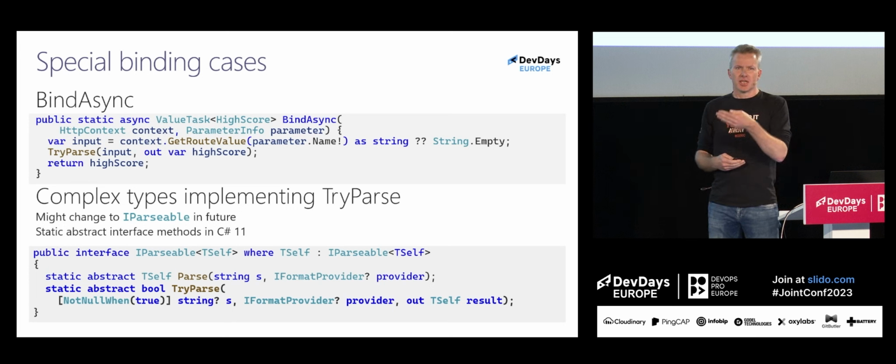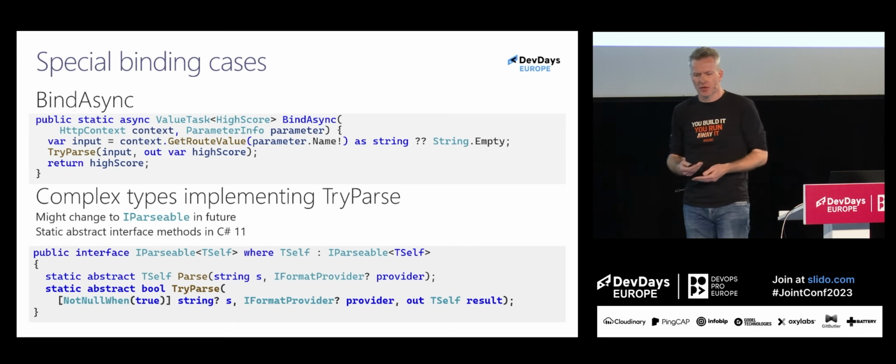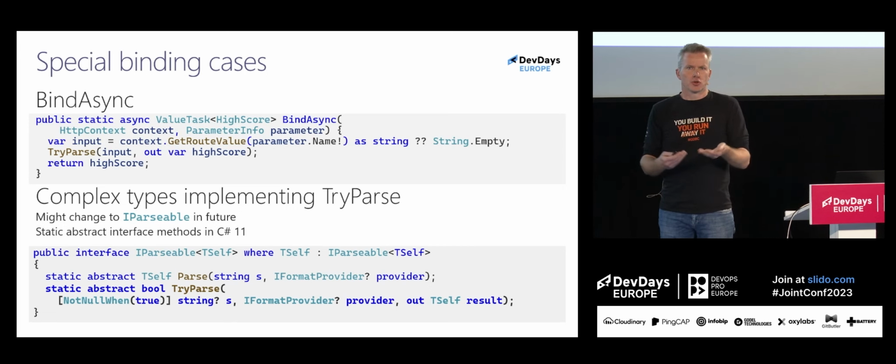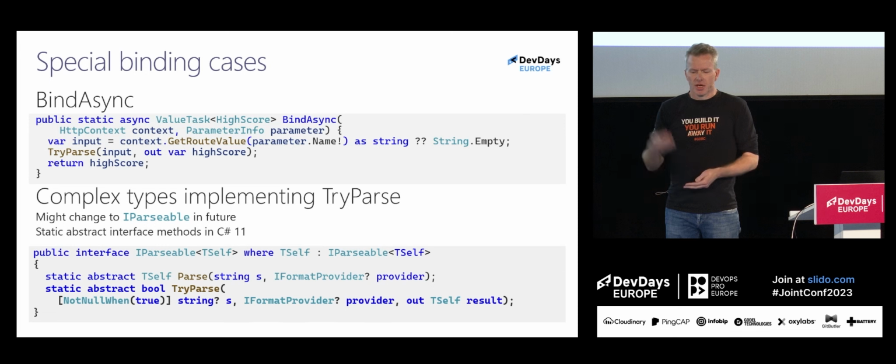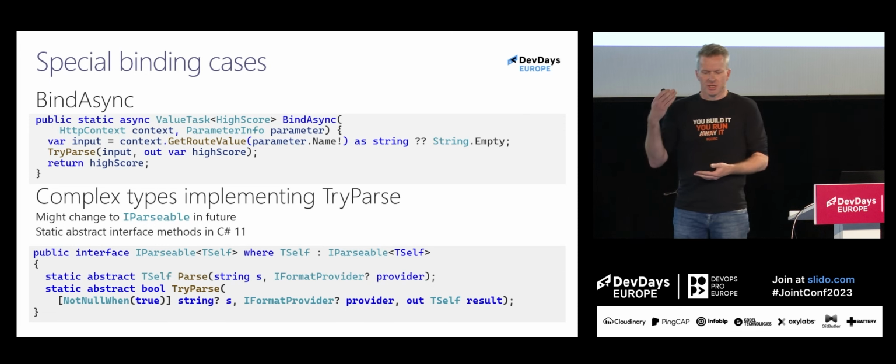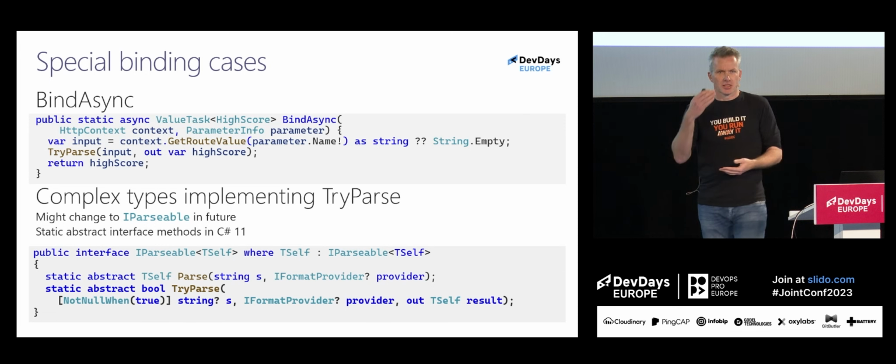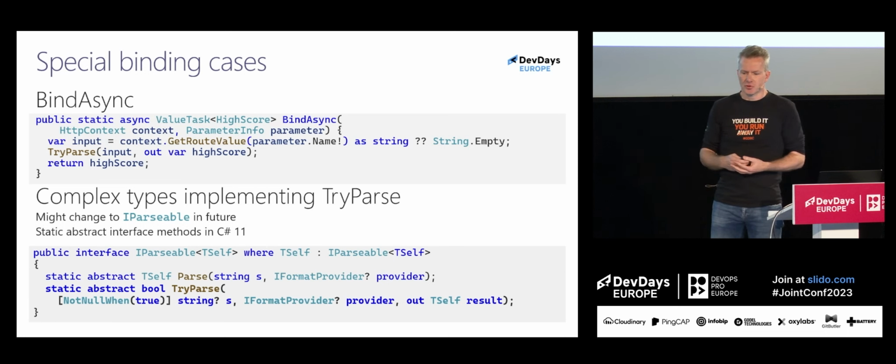But especially in the new math areas of .NET 7 and 8, they found this very useful to make sure that there's, for example, something like a TryParse on a certain class so it can be parsed. This is an example, but the fact that you can have abstract methods in an interface is very useful.